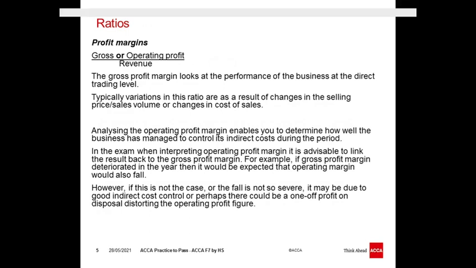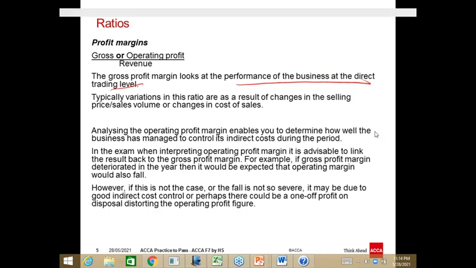Now, then we have gross profit and operating profit. Gross profit measures the performance of the business at the trading level, like how much profit we are gaining from the products or services. Actually the ratio has a direct relation with the numerator.